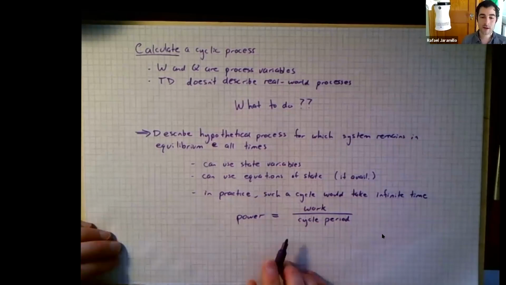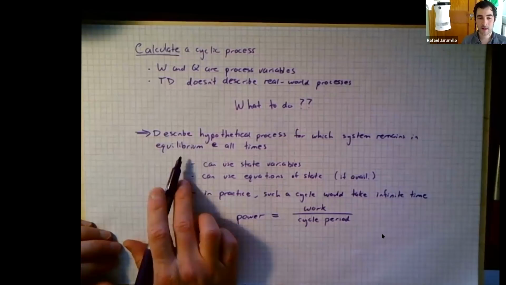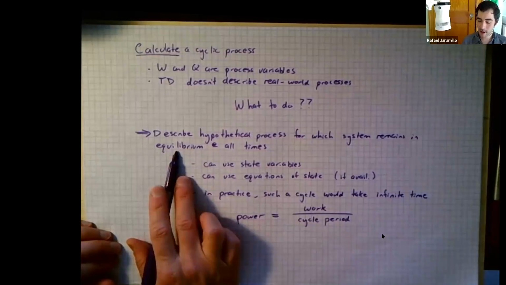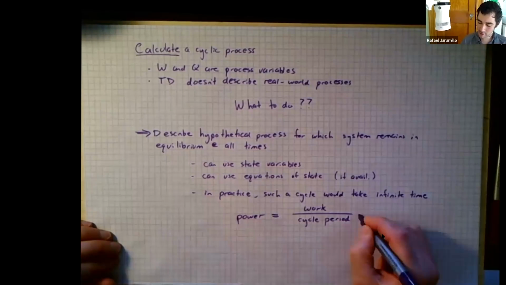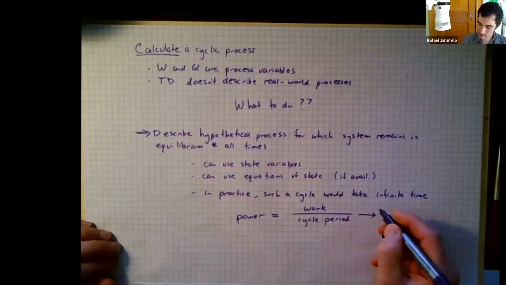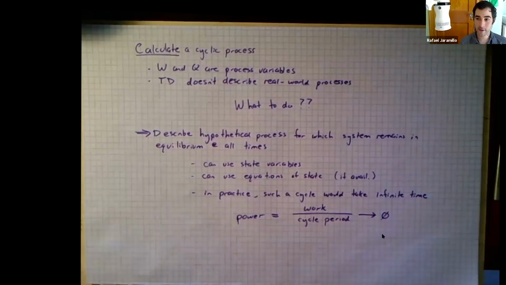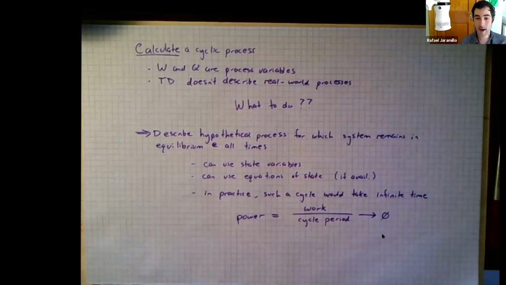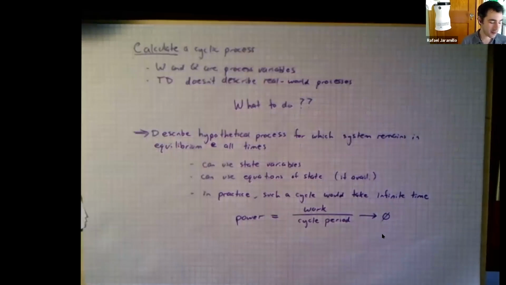As you approach this ideal of being in equilibrium at all times, you have to slow your cycle down. As you slow your cycle down, your cycle period goes up, and the actual power you get out of your unit goes to zero. So even if you could design and build an ideal heat engine, no one would buy it. No one would buy it because it might be maximally efficient, but you get no power out.